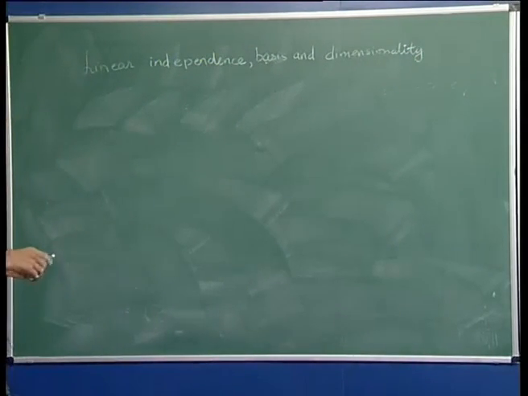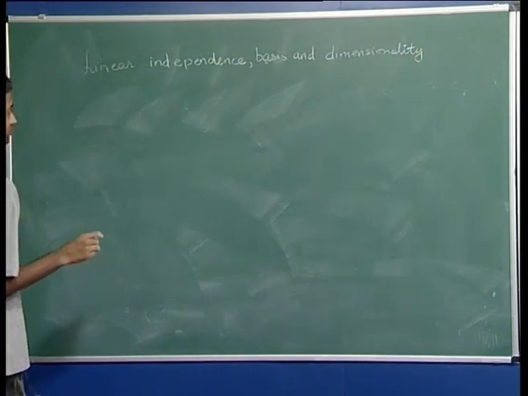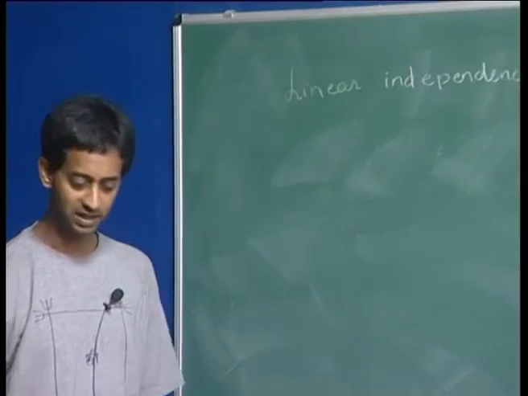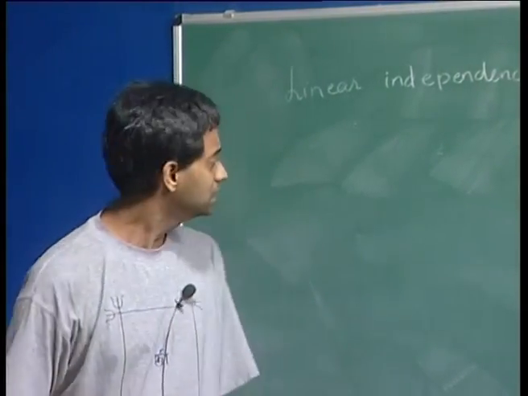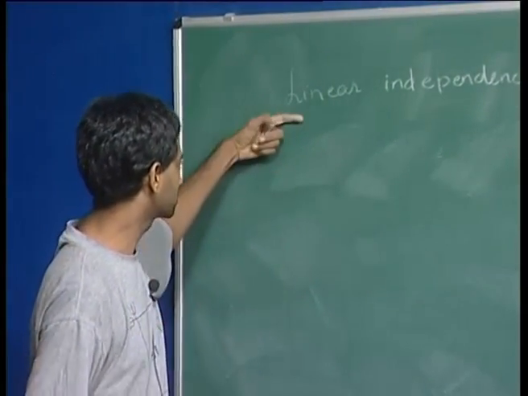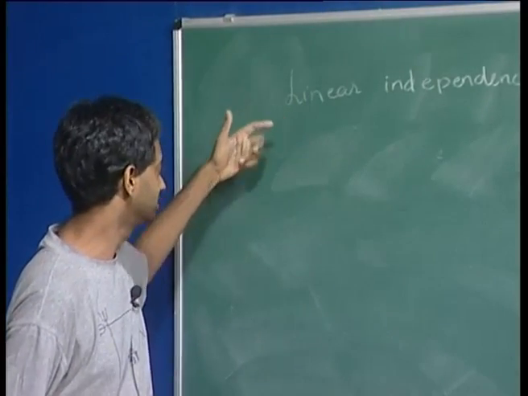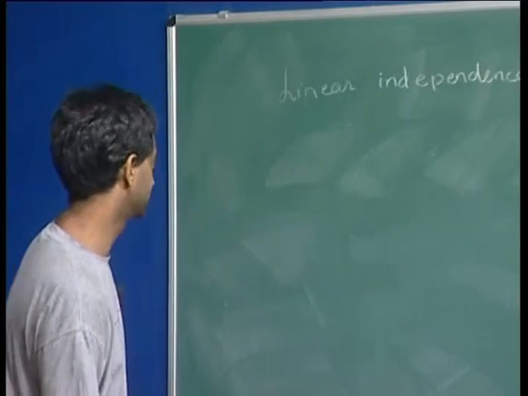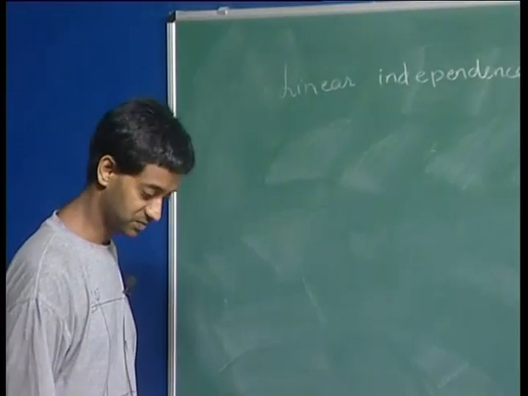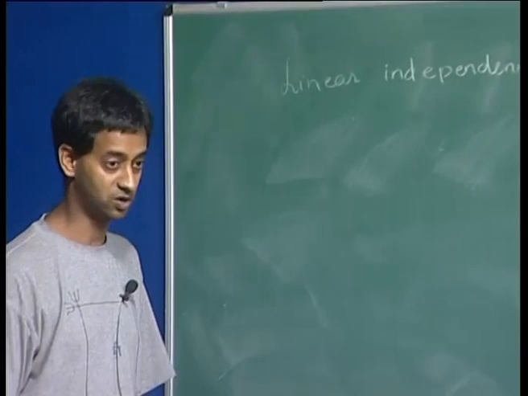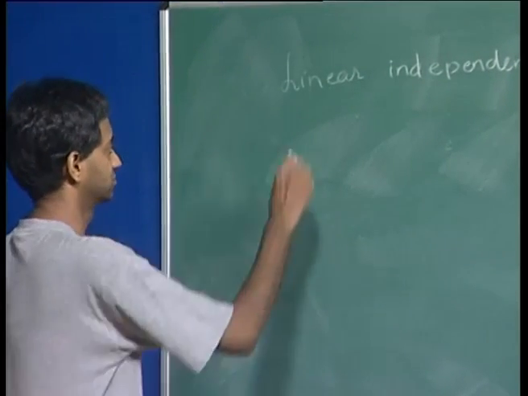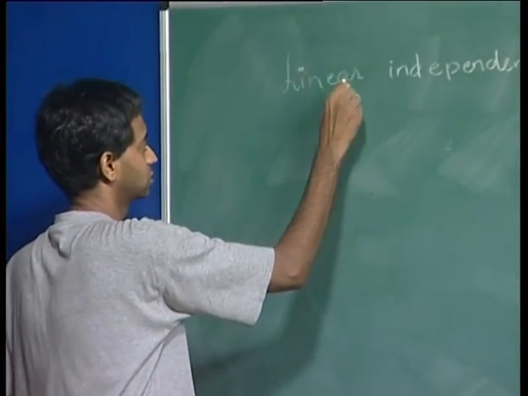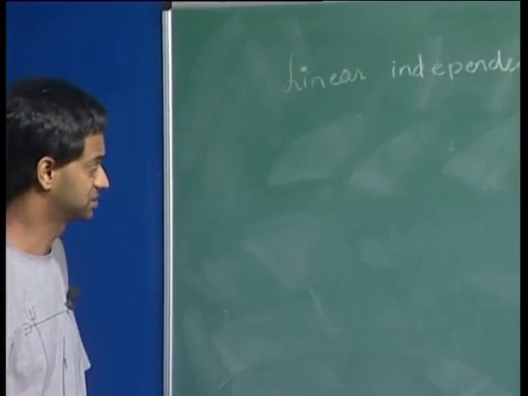So what is meant by linear independence? First I will give the definition of linear independence, and then I will try to explain it with examples. This concept will become a lot more clear when we start discussing matrices, and there it is used very often in the study of matrices or in solving a system of linear equations.